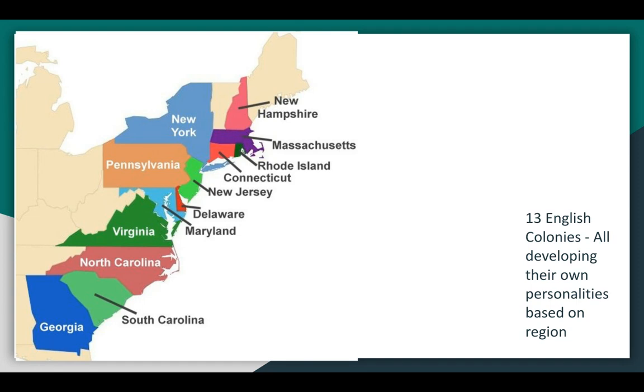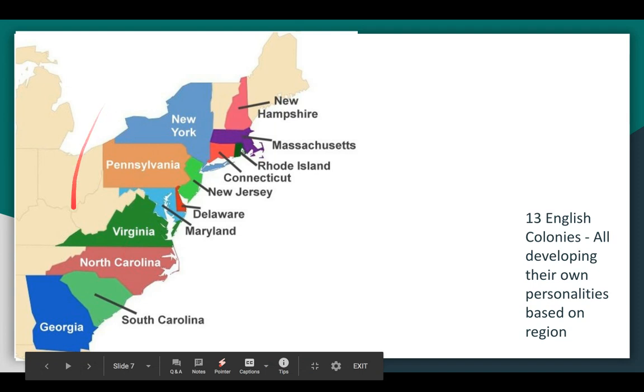This is going to be the foundation of America. Right now, they are all English colonies. They're just planted in America, but you know that this will be our first 13 states too. So that's why the names obviously sound familiar.